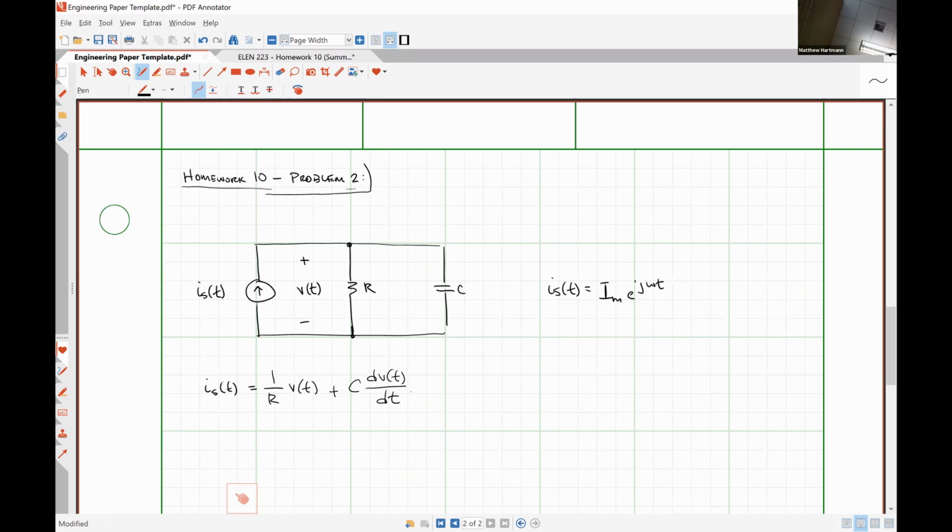All right, so if we have an exponential excitation function, it should not be a large leap of the imagination to assume that our response will also be an exponential function. However, I am going to include the possibility that the phase angle of our response will not match the phase angle of our source.